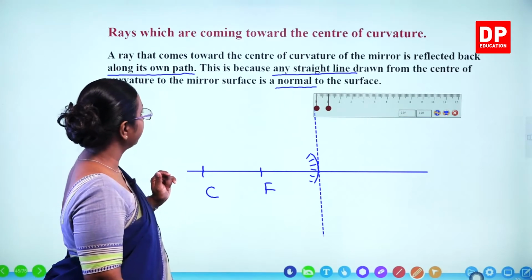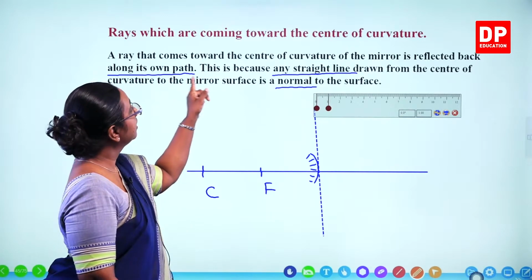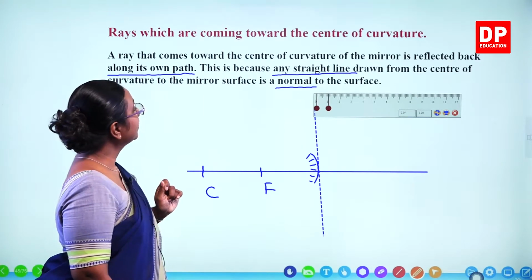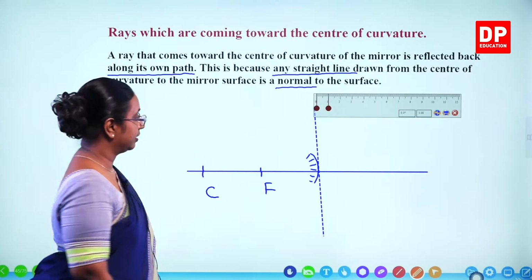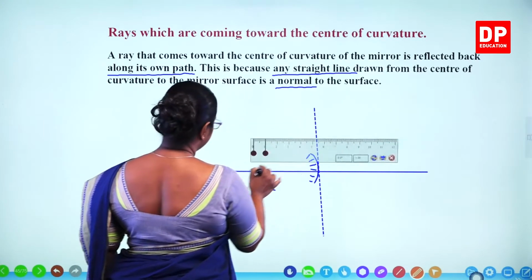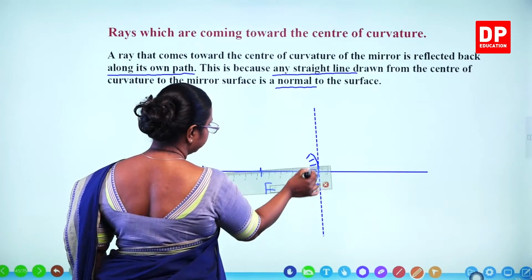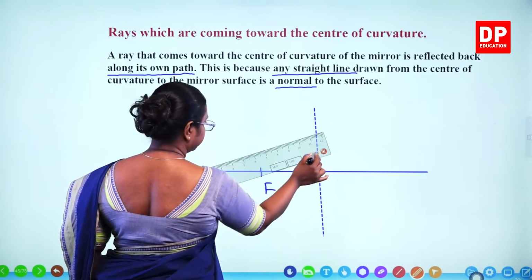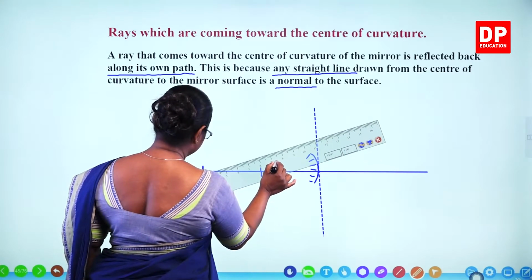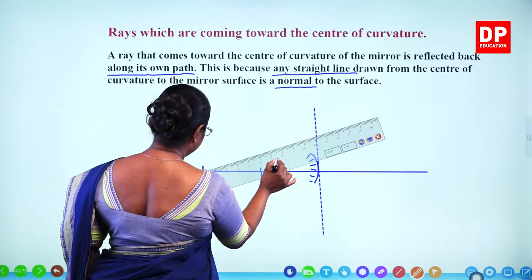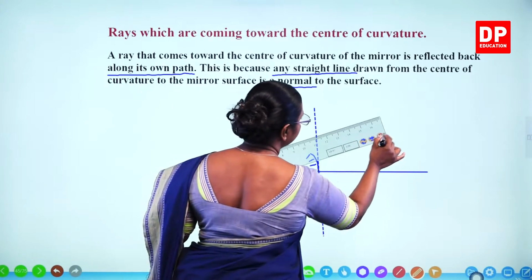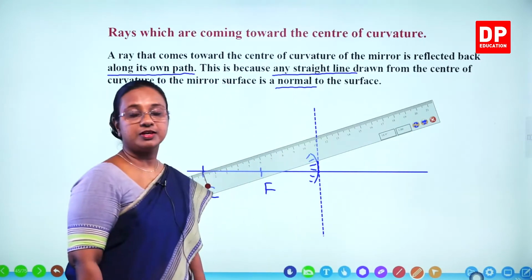Now we need to have a ray that is coming towards the center of curvature. So then I will place the mirror in such a way that the ray is coming towards the center of curvature.